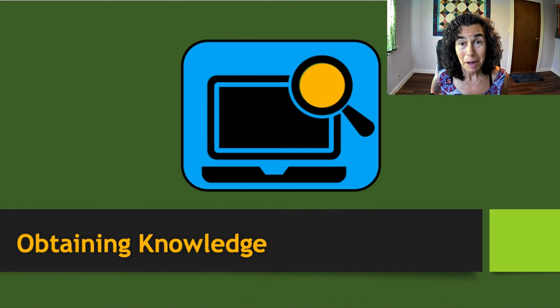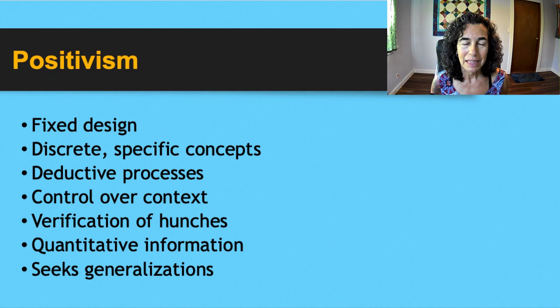Let's move on to obtaining knowledge. So there's two different kinds of ways of looking at research, two big overarching ways. The first is positivism, and then the second is constructivism, which we'll get to in a minute. So positivism is also called modernism, and it looks at research that has a very specific design.